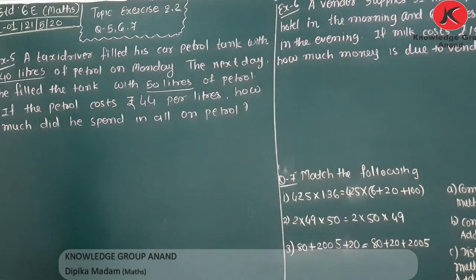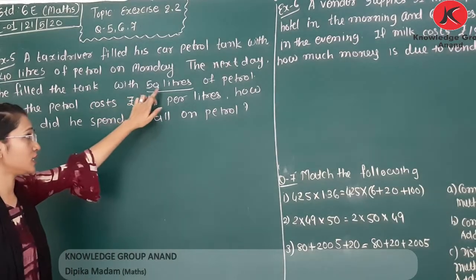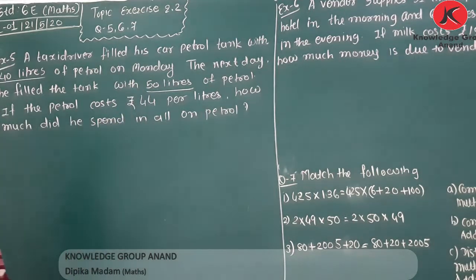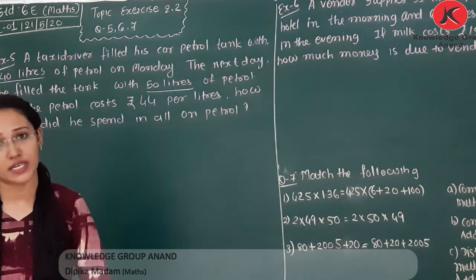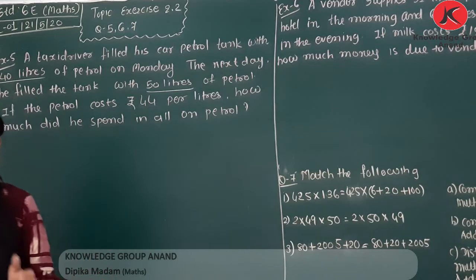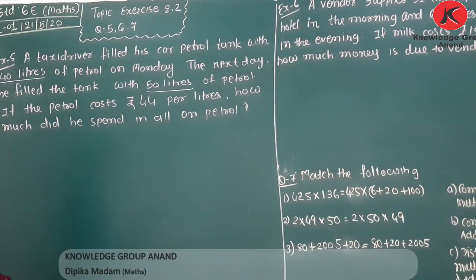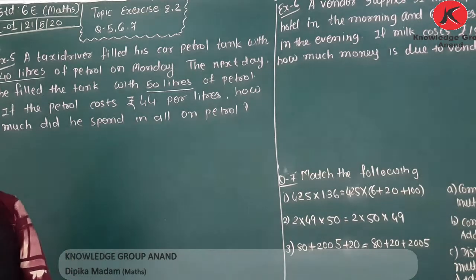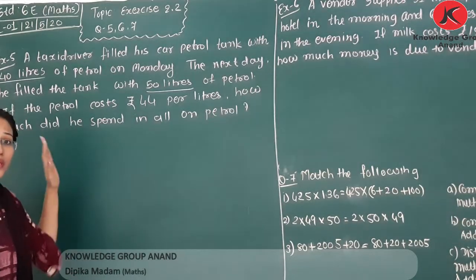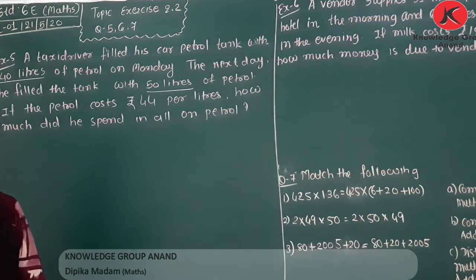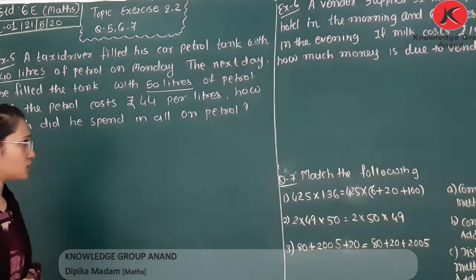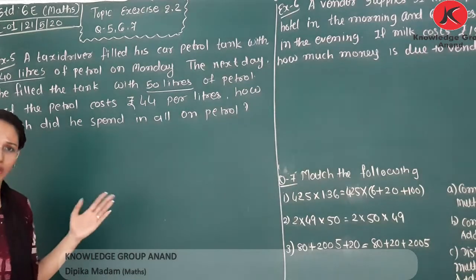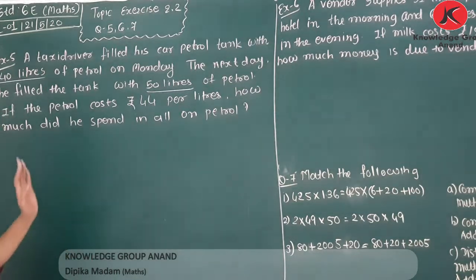Or we will find the total petrol for 2 days, 40 plus 50 is 90, and we multiply 90 with the cost of 1 liter of petrol, that is 44, to get the total cost. It means we are applying the distributivity of multiplication over addition. Here we will solve the second method. You can also apply the first method.